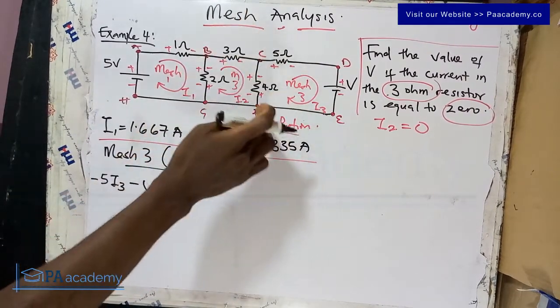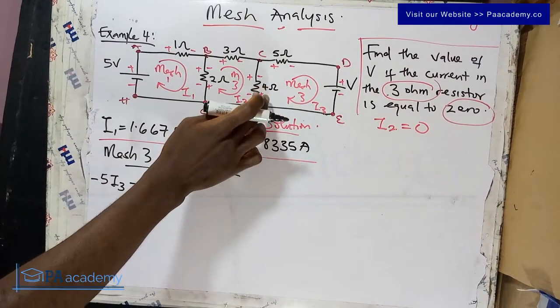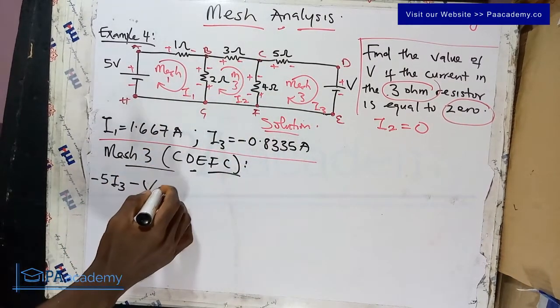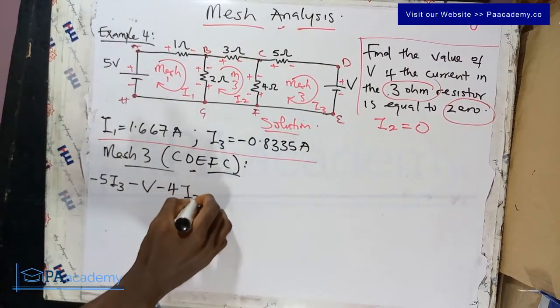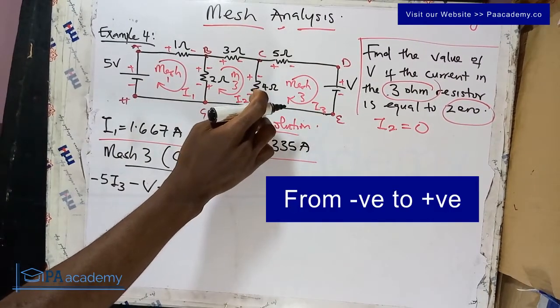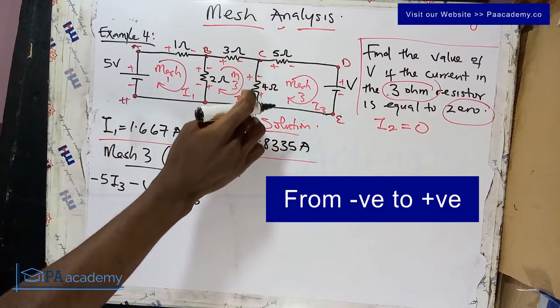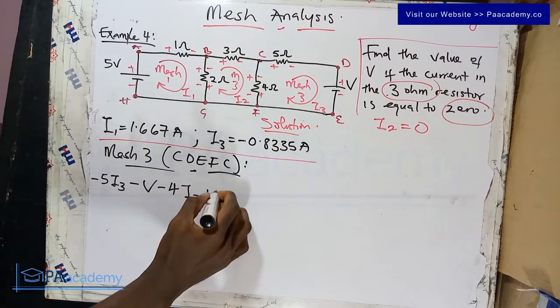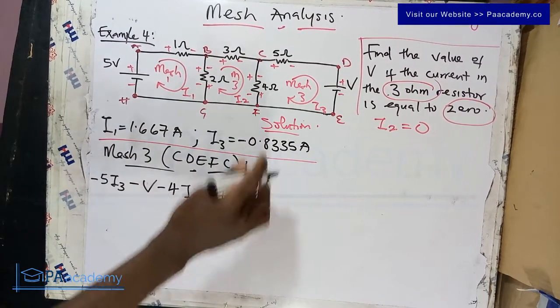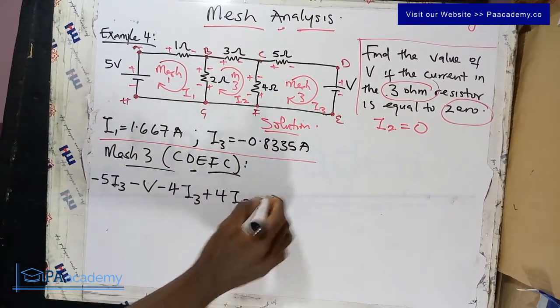From F to C, we have a 4 ohm resistor. From positive to negative, that's going to be minus 4, and then the current is I3. Also, we have been taking it from positive to negative due to the current I2. So that's going to be plus 4I2, and then back to C equals 0.